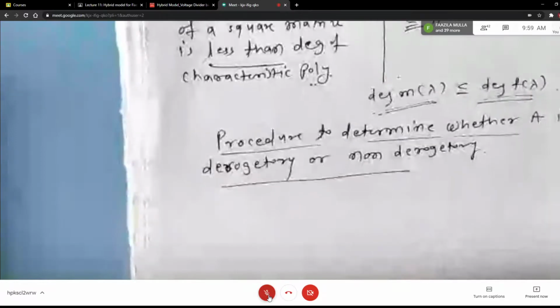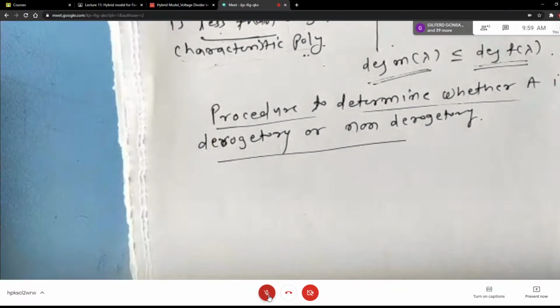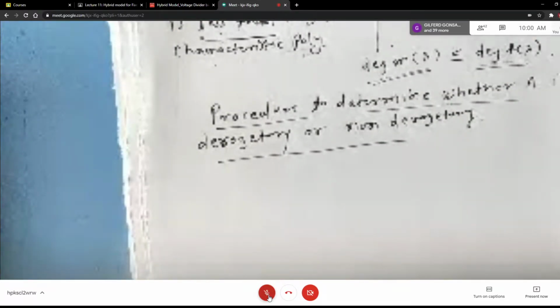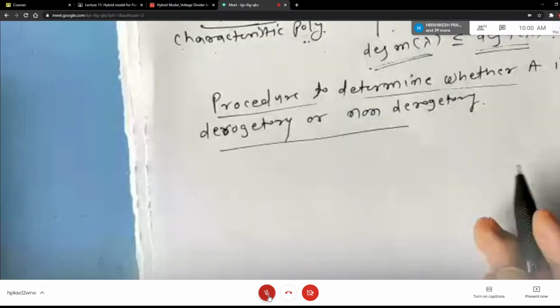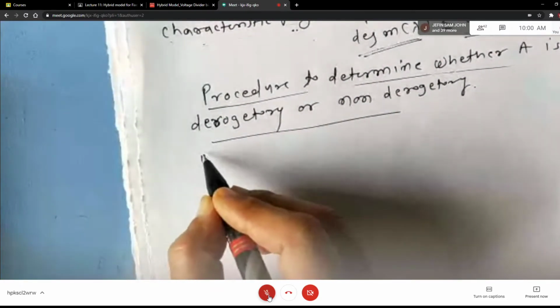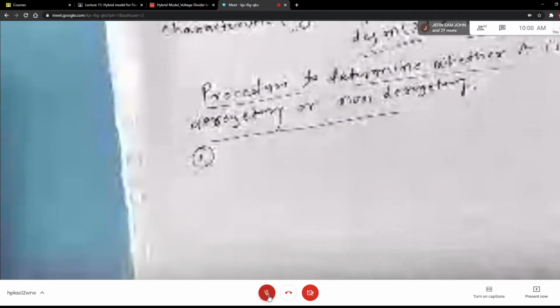Procedure to determine whether matrix A is derogatory or non-derogatory. Okay. Now write down the steps, students. We are going to follow these steps while solving examples.